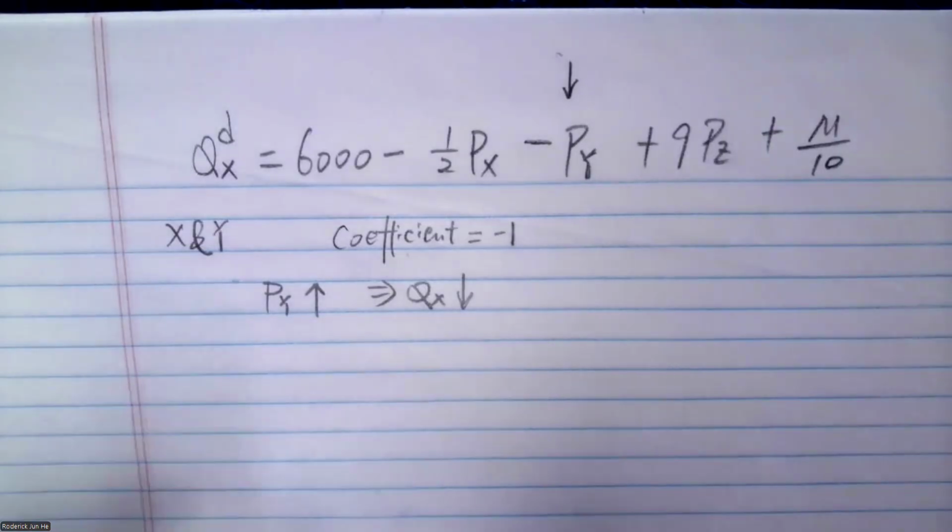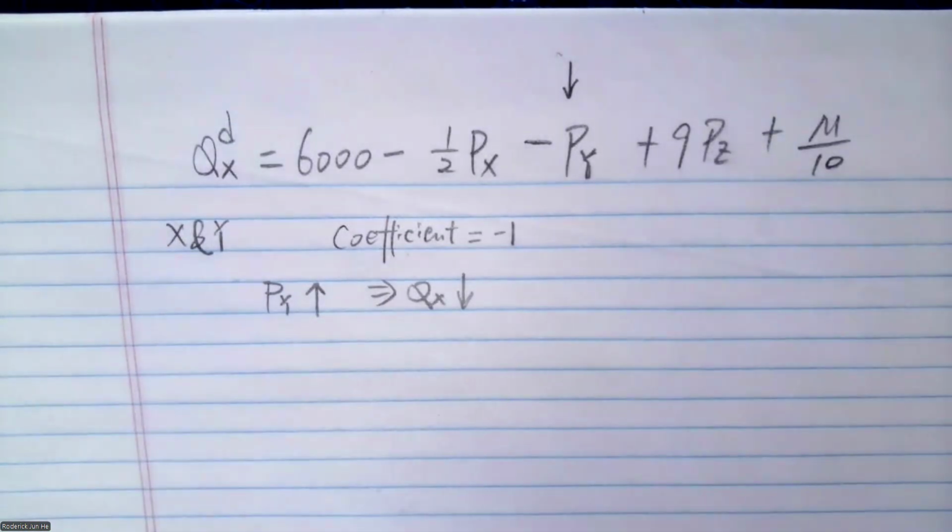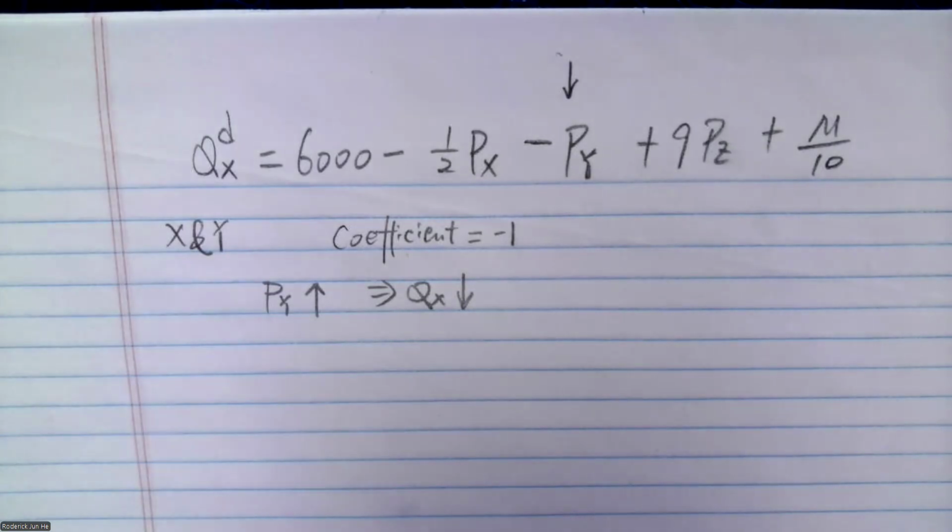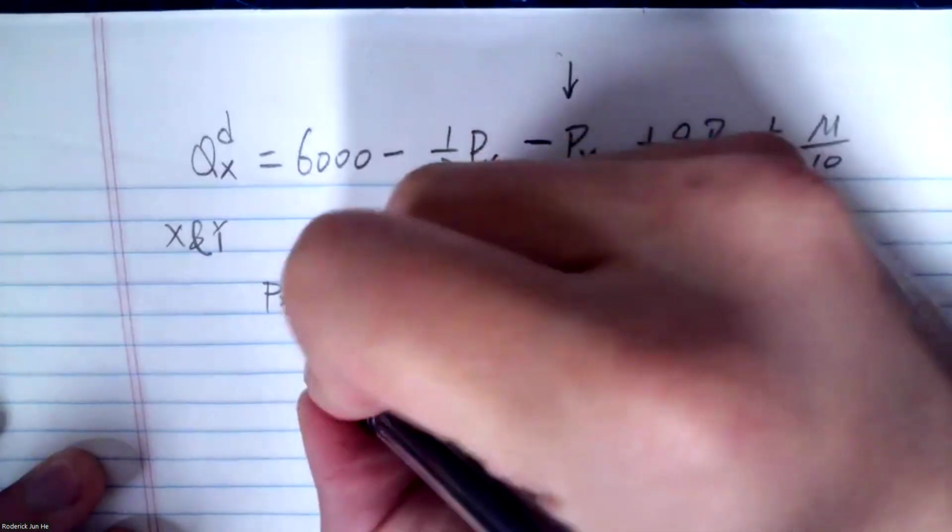And now we need to go back to our intuition and try to figure out the relationship between X and Y based on this conclusion. So basically, Y becomes more expensive, right? And because of the law of demand, with Y becoming more expensive, the consumption of Y will reduce.